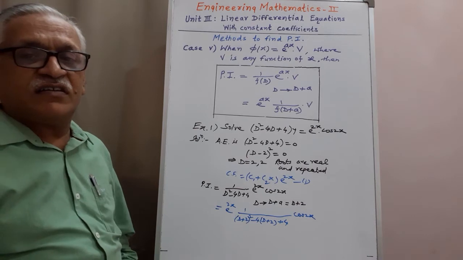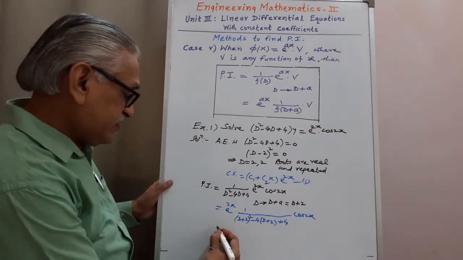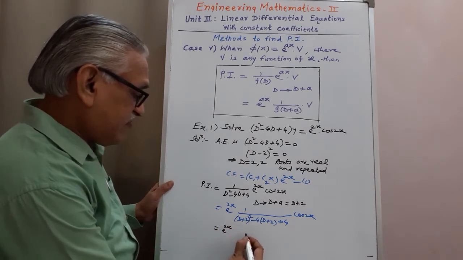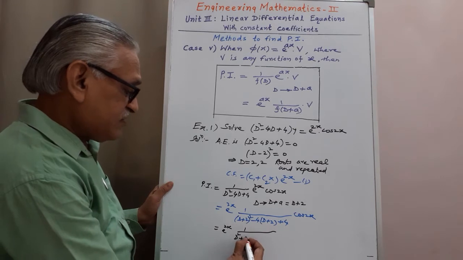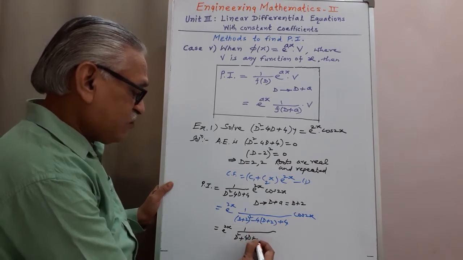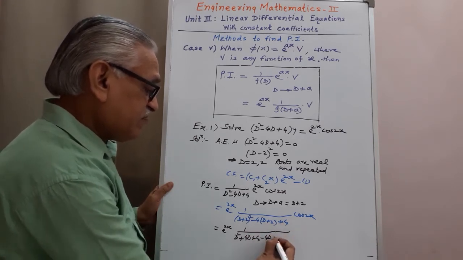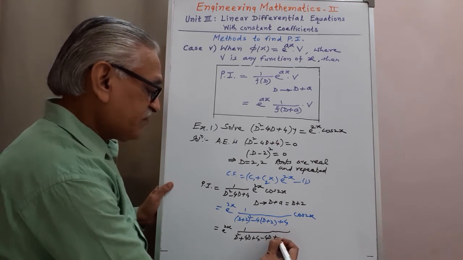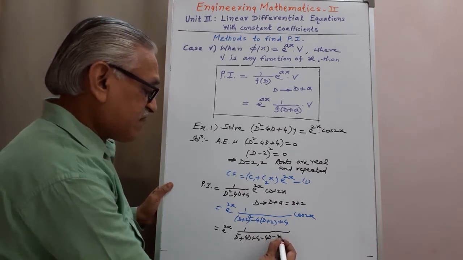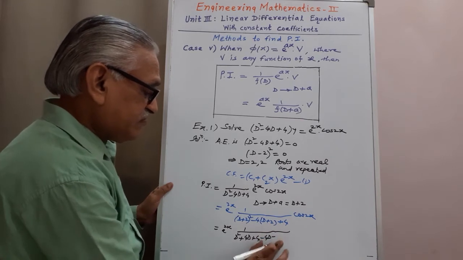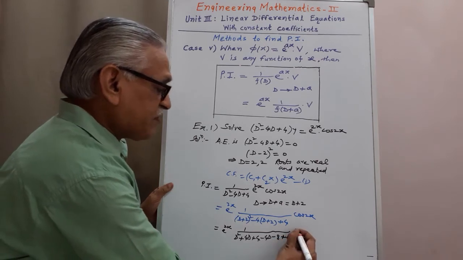This is the way, or the rule by which we can find the PI, and therefore simplifying it, expanding this bracket, we get D square plus 4D plus 4 minus 4D minus 8 plus 4, which we have to operate on cos 2x.